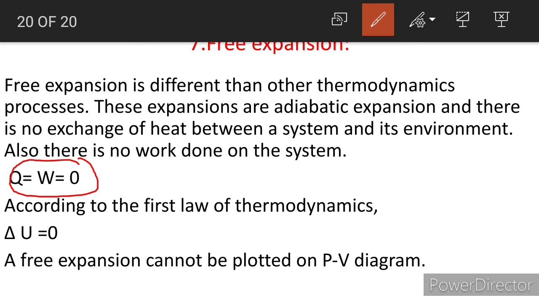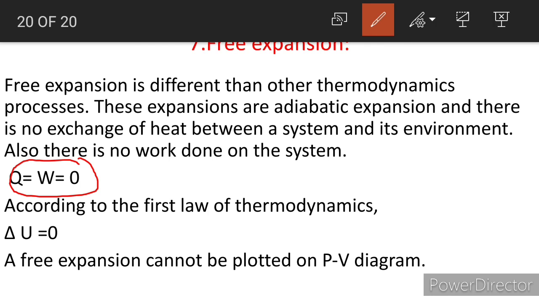The free expansion cannot be plotted on a PV diagram, so it is different from other thermodynamic processes. It is an uncontrolled change. Examples of free expansion are when a balloon is ruptured suddenly or a tire is punctured suddenly, that means the air inside rushes out rapidly, but there is no displacement of a piston or any other surface.